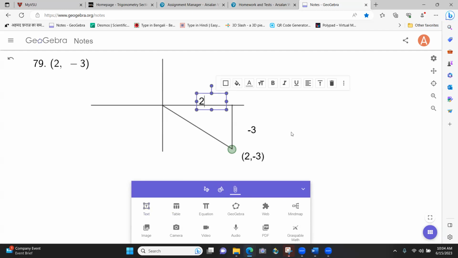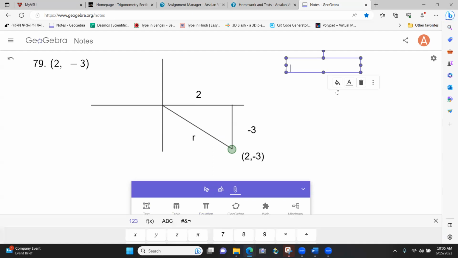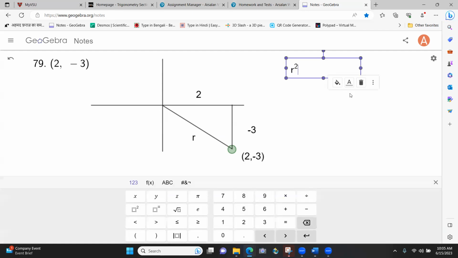And I'm going to use the Pythagorean theorem to find this length. And I can guarantee you it's not going to be 1 because I did this problem earlier. So how do I call this? I call this r, as in radius, and the Pythagorean theorem allows me to draw this conclusion.